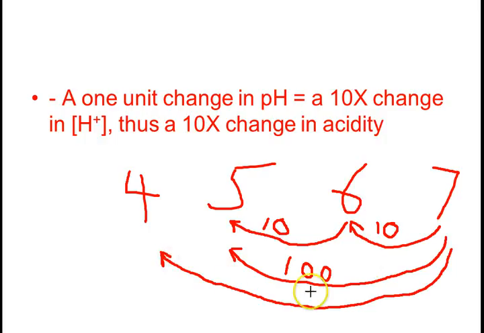Again, we're multiplying. 10 times 10 times 10. Solution that is pH 4 is 1,000 times more acidic than the solution that is pH 7. So, a small change on that pH scale is in reality a large change in acidity.